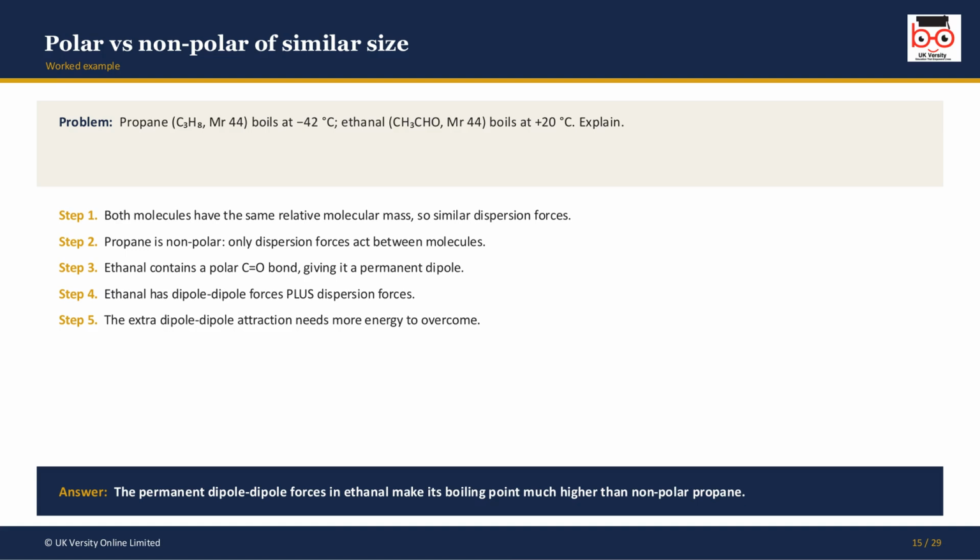But propane is nonpolar, with only dispersion forces between its molecules, whereas ethanal has a polar carbon-oxygen bond and therefore a permanent dipole. Ethanal has dipole-dipole forces on top of dispersion forces, and that extra attraction needs more energy to overcome, giving it the much higher boiling point.